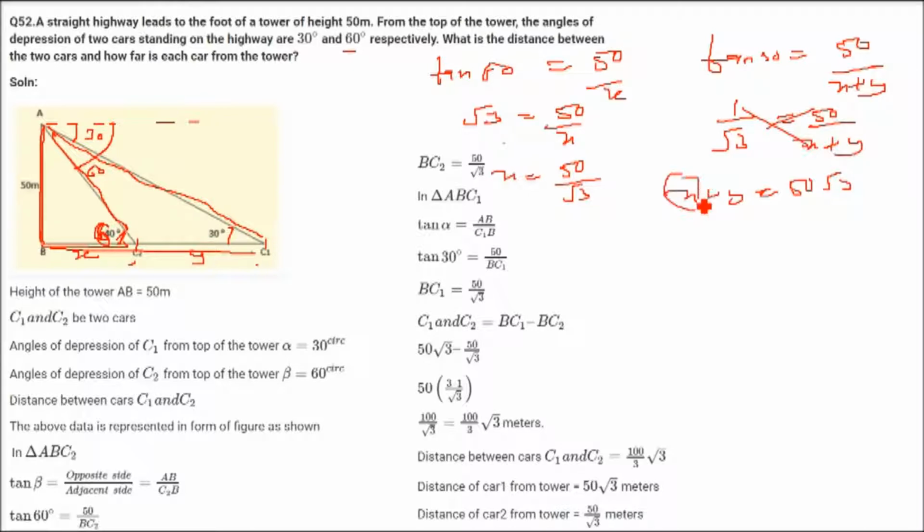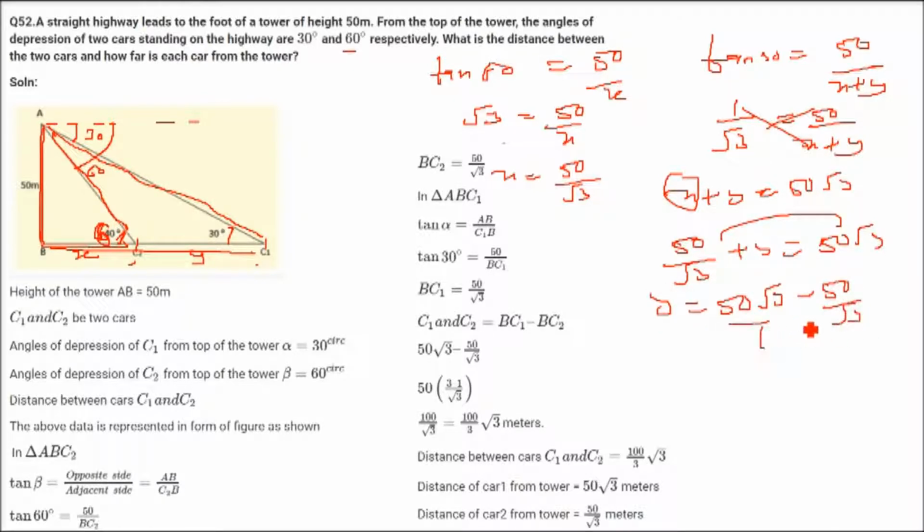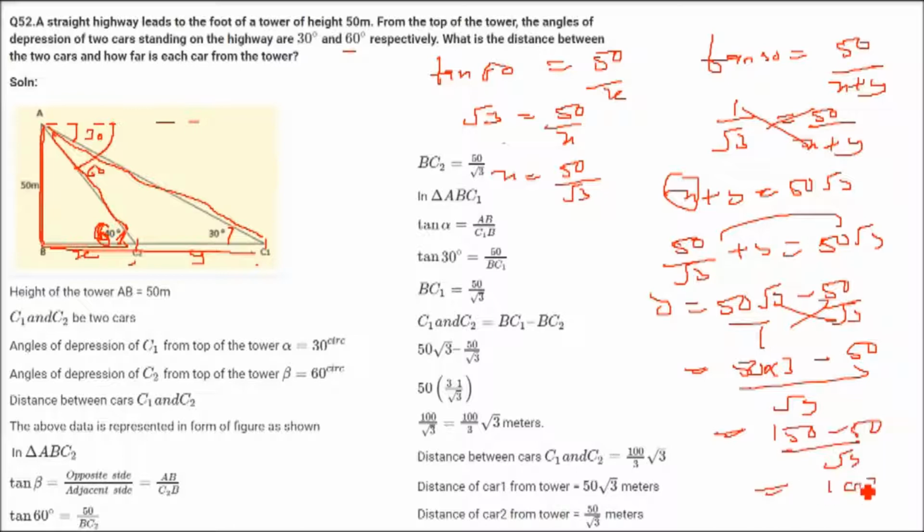Putting x as 50 by root 3, this is 50 by root 3 plus y equal to 50 root 3. Y will be equal to 50 root 3 minus 50 by root 3. So multiply: 50 root 3 into root 3 is 50 into 3, so this is 150 minus 50 by root 3, and this is going to be 100 by root 3.